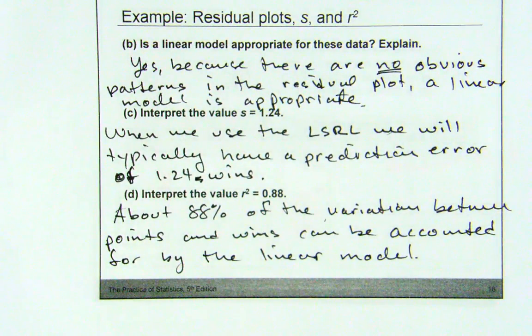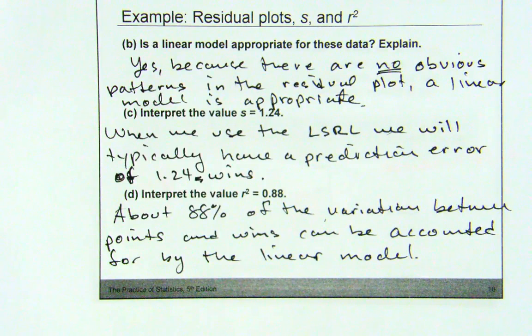Okay, it's a weird one. I usually say 88% of the variation between points and wins can be accounted for, well, can be attributed to the linear model.